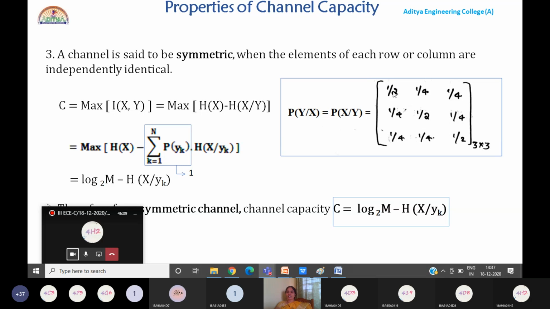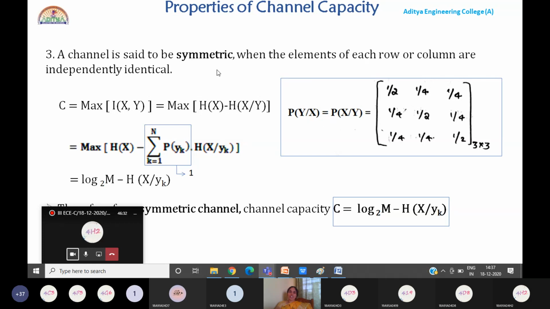I cannot say that all three are in the same order. But in the first row it has 1 by 2, 1 by 4, 1 by 4. If the second row also has 1 by 2, 1 by 4, 1 by 4, then I can say that it is the same. But these are independently identical. The elements are identical but not placed in the same order.